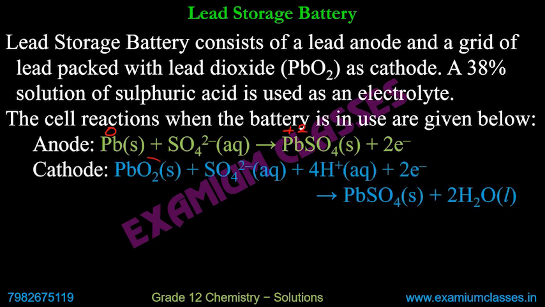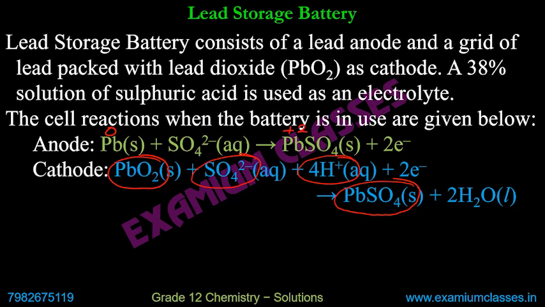Cathode is lead dioxide, again with sulfuric acid. It gains 2 electrons released by the anode and produces again lead sulfate. These two reactions first you need to memorize.